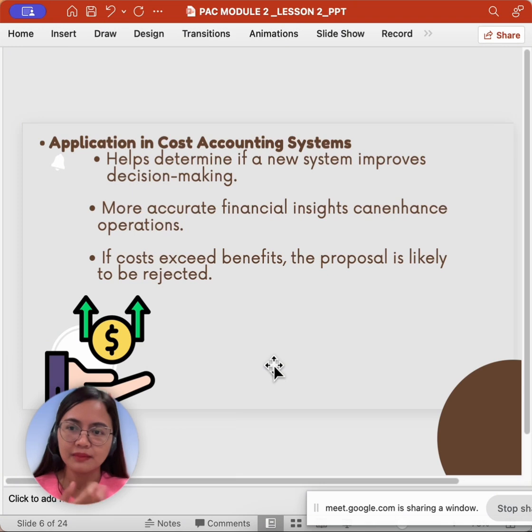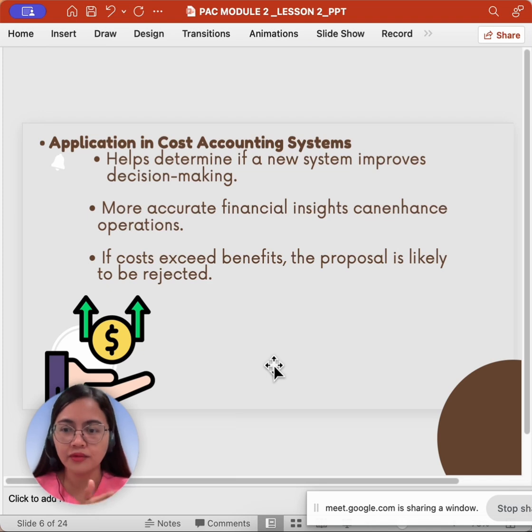When we say application in cost accounting systems, it helps determine if a new system improves decision making, provides more accurate financial insights, and can enhance operations. If cost exceeds benefits, the proposal is likely to be rejected. So, let's say you have a new system in your business, the question is whether it helps improve your decision making, and you need more accurate financial insights, not just estimations.